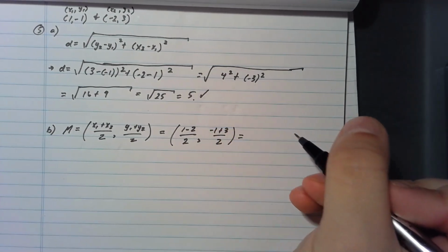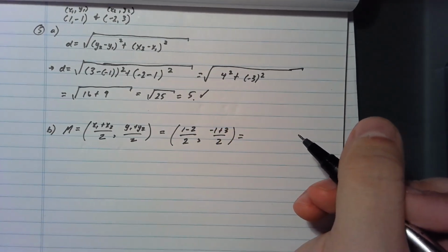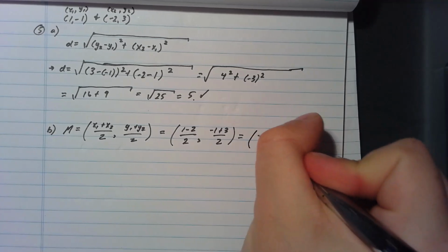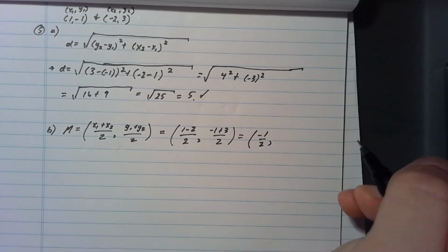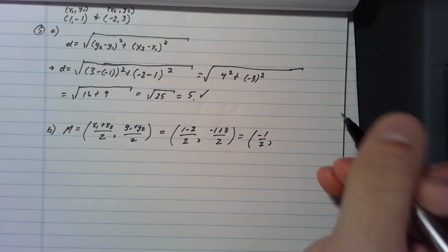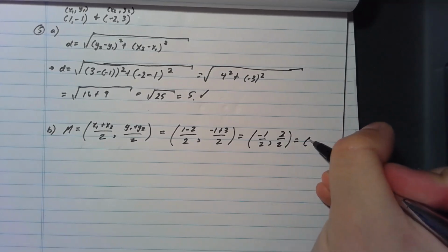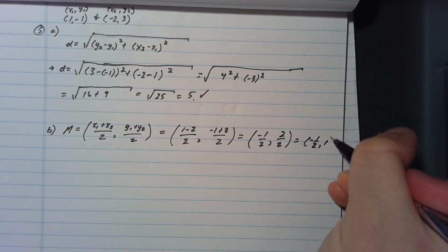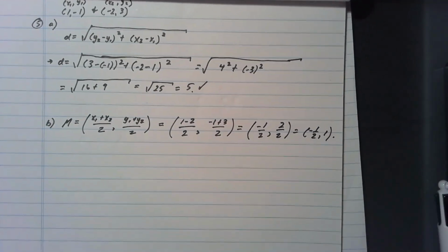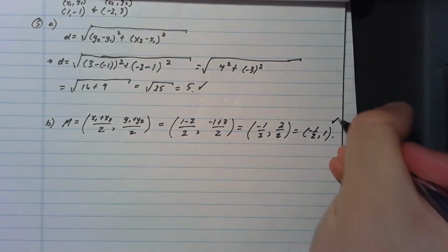So 1 minus 2 is negative 1 half, comma, negative 1 plus 3 is 2 over 2. So my midpoint is negative 1 half, comma, 1. And that's it.